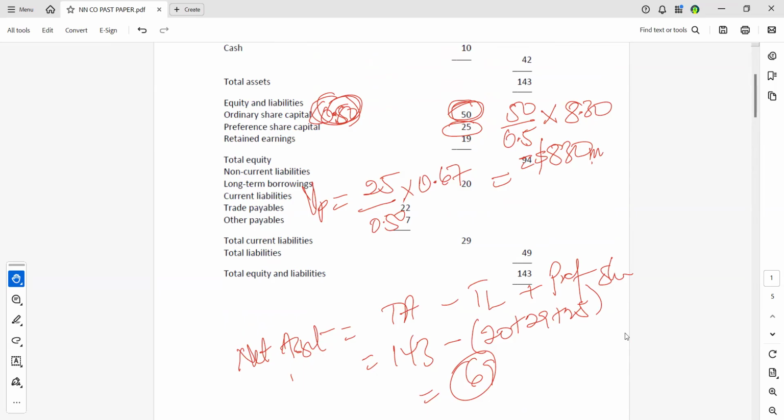So I know the value of E, the value of P, and I am left with the value of D. The value of D is the value of the debts. Now, the value of the debt is the long-term debts, which they have given to us here as 20. Now, 25 over 0.5 is 50 shares times 0.67 price.